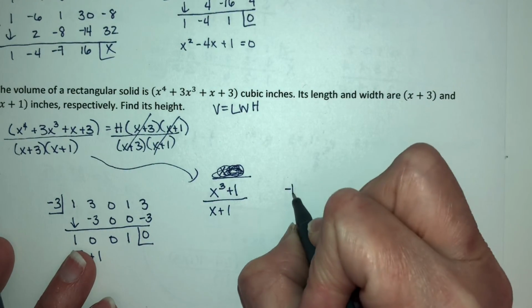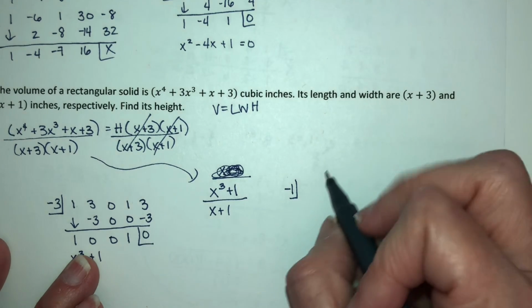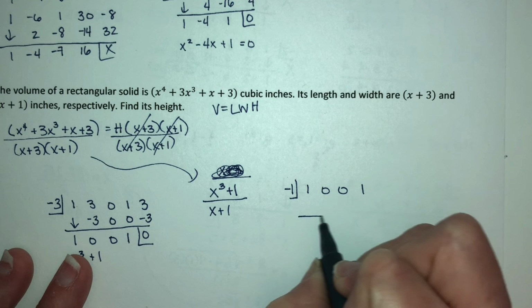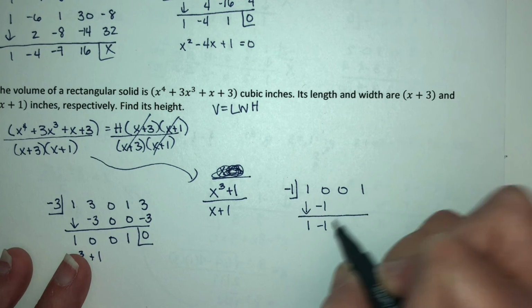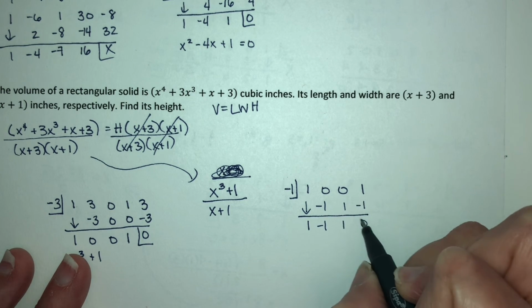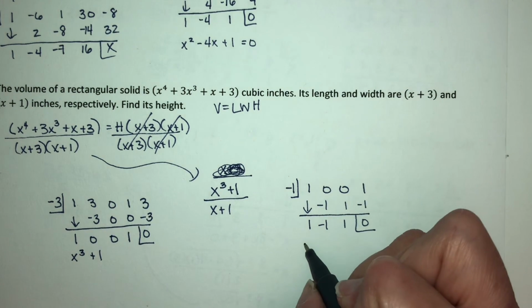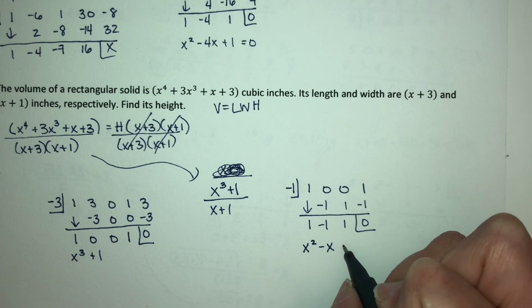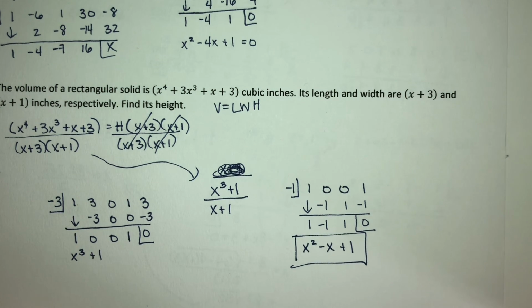I'm going to do -1 because that's what makes this 0. I'm going to use these coefficients, 1, 0, 0, 1. And I've got that, which gives me the answer, x squared minus x plus 1. That is your overall answer here.